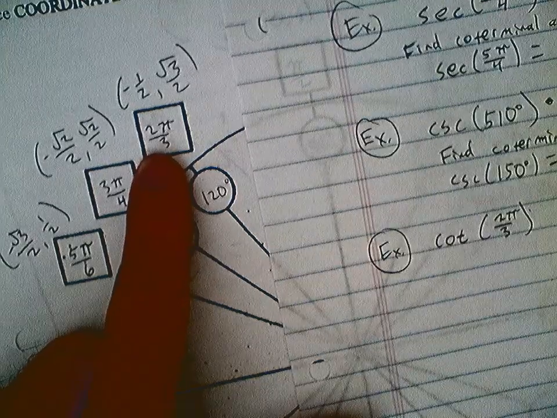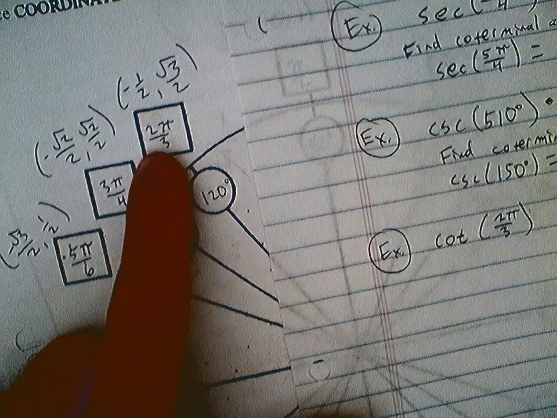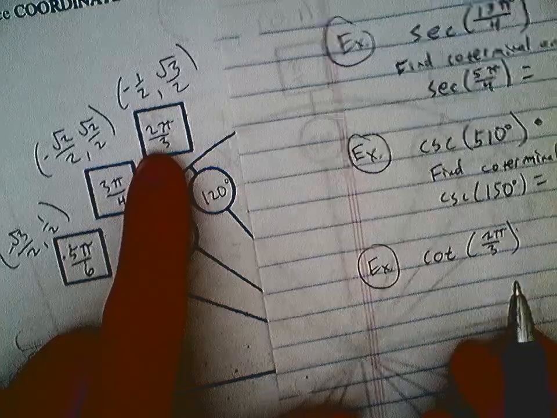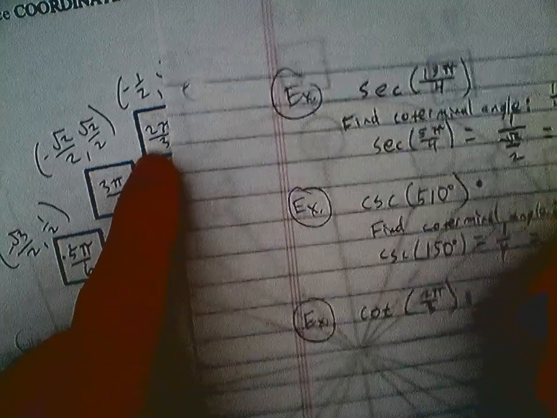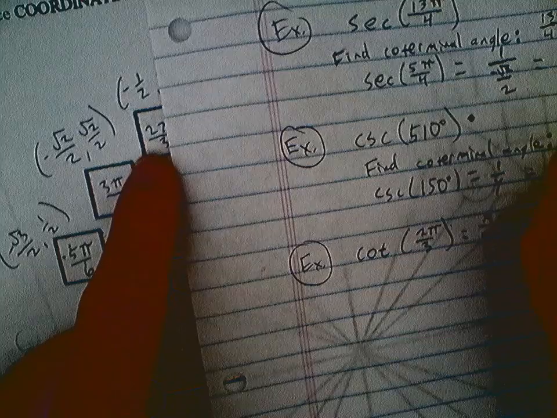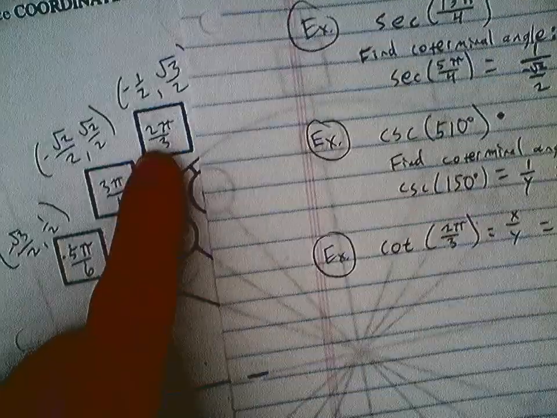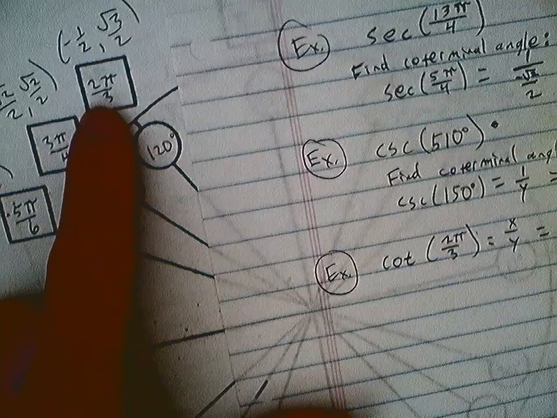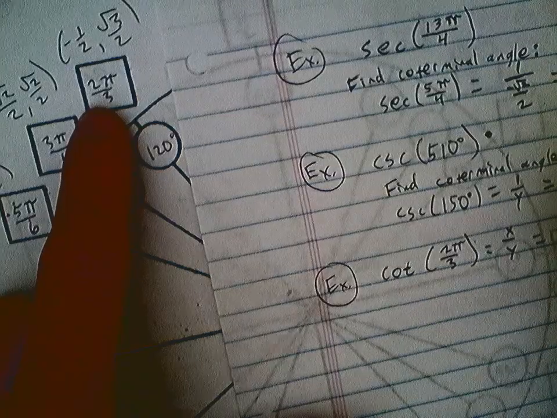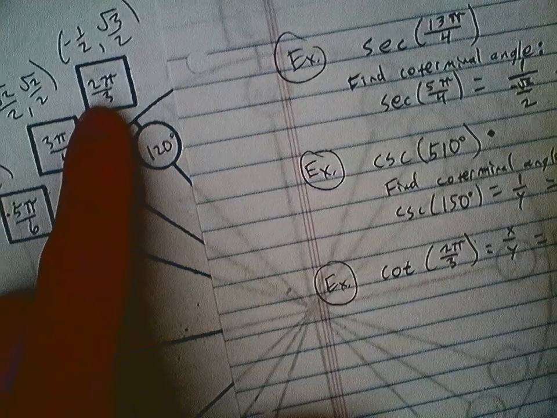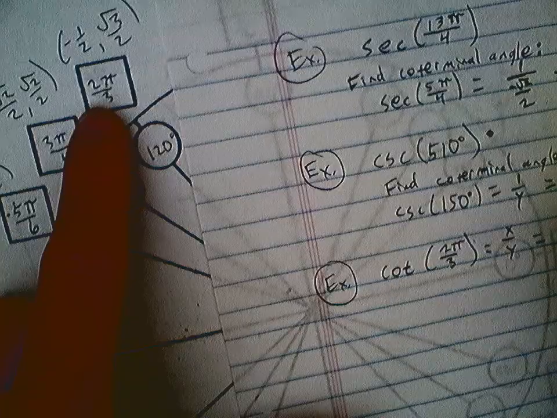The definition of cotangent uses both the x and the y value. So to do the cotangent of an angle, I have to take the x-coordinate and divide it by the y-coordinate. So for 2 pi over 3, that is negative 1/2 divided by square root of 3 over 2.